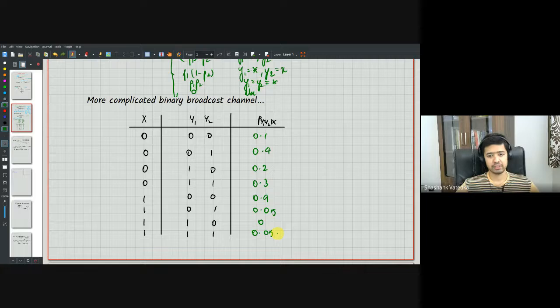As long as you specify a valid conditional distribution for y1, y2 given x, it's good enough, and in particular, it can be anything.